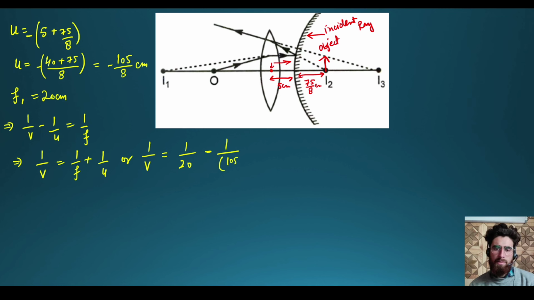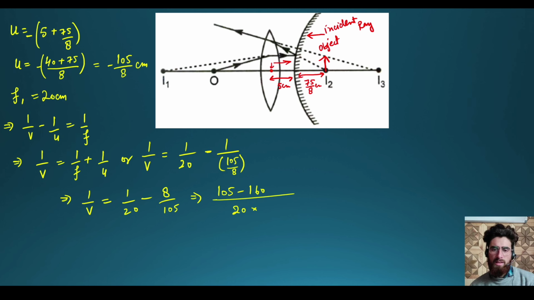It's 105 upon 8. So I can write this as 1 upon v equals 1 upon 20 minus 8 upon 105, which implies 105 minus 160 upon 20 multiplied by 105.